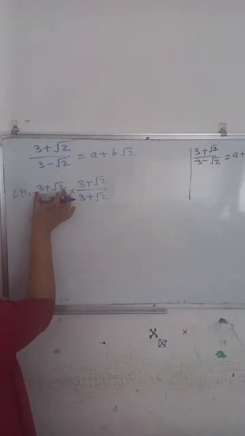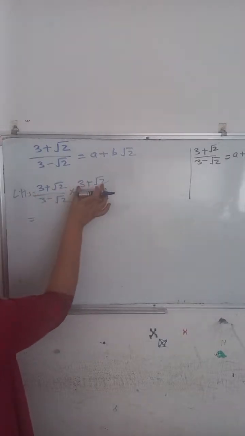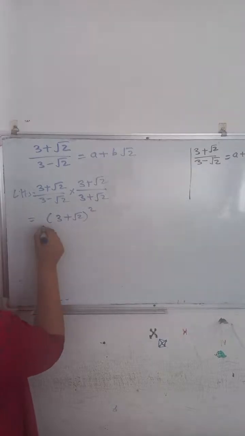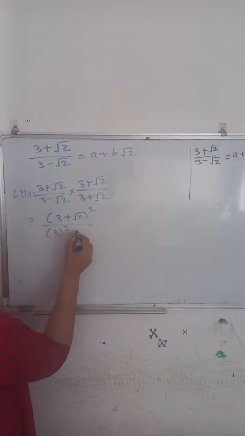So here 3 plus root 2 multiplied twice, so its power will come square. Okay, and here a minus b, a plus b, that is 3 square minus root 2 square.